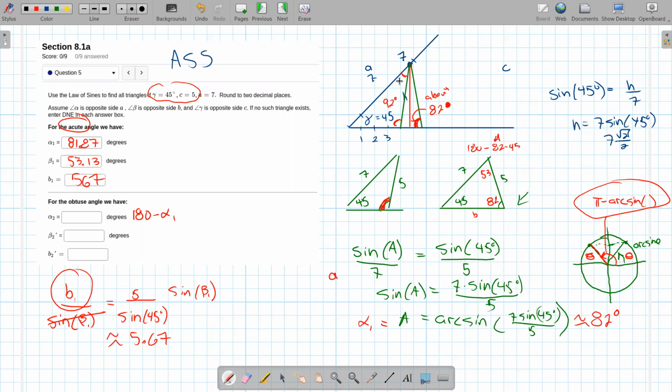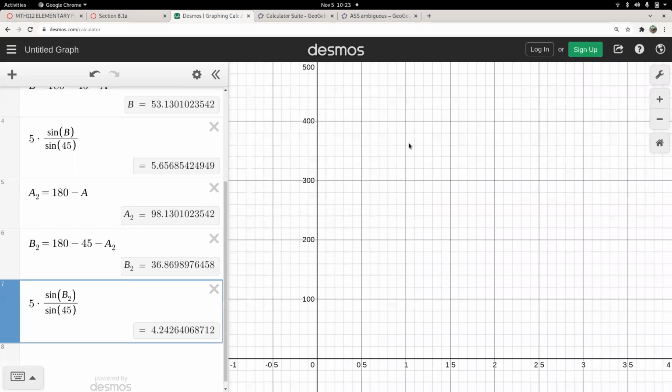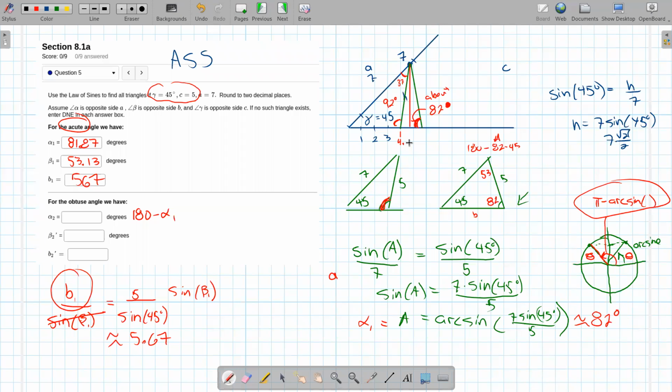This angle right here, I'm saying is about 37 degrees. And then this side right here, I was thinking was just a little bigger than 4.24. My picture makes it look pretty close to 4, which means my picture's not too bad. 4 versus 4.24 in that rough sketch, I'll take it.